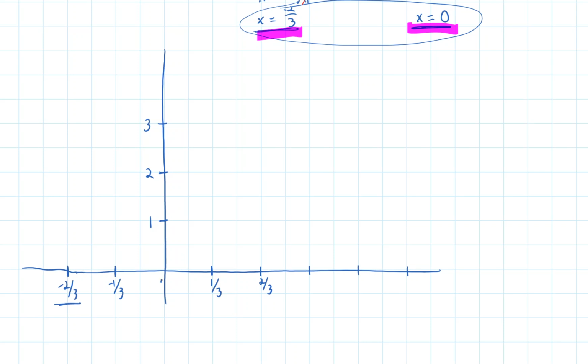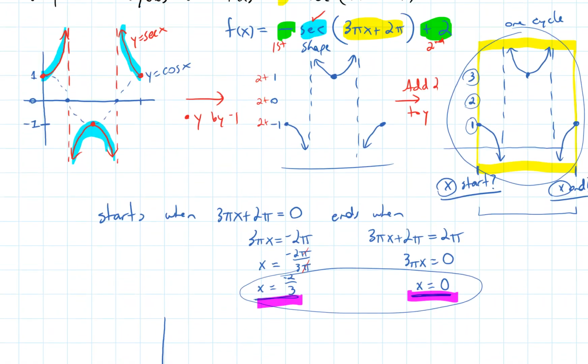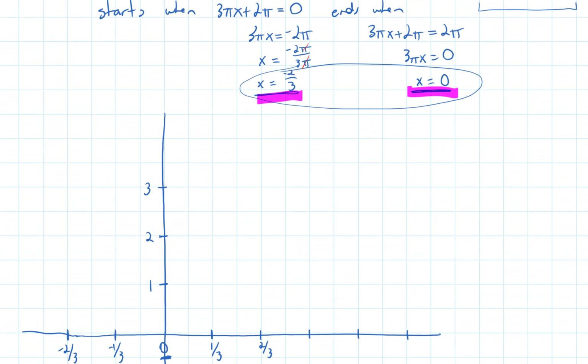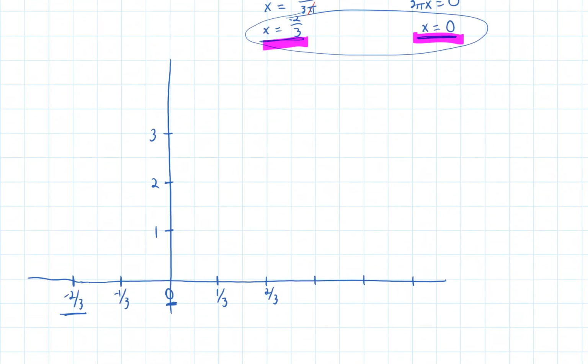And it's going to end at x equals 0. So I need to squeeze this picture into the box in between negative 2/3 and, not positive 2/3, but negative 2/3 and 0. Okay? So let's get busy.